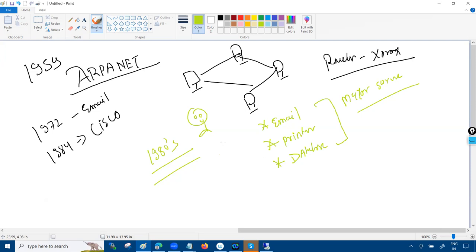In the 90s, 80s time, the first iOS came. It's called the Internet Operating System. If I talk about the Cisco perspective, iOS. And the size of this was only 256 KB. And it was enough to do all this task.